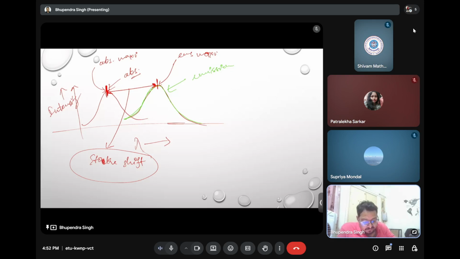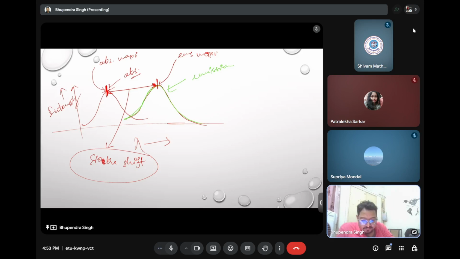So here, the purple arrow you are showing, this is the maximum intensity you are observing here, because the probability of overlap between the two wave functions is higher here. So I am considering this is the maxima, and for the green one, the probability of overlap between the two wave functions is also higher. So that is what I am considering the maxima of emission. So what will be the energy difference?